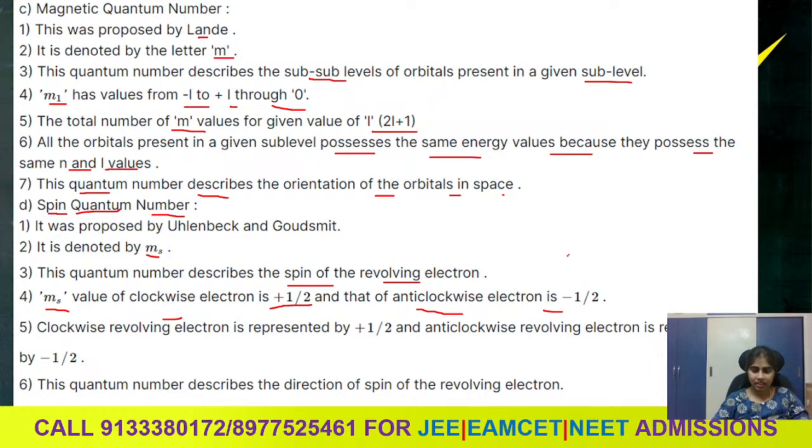It means if the electron rotates in a clockwise direction, its value will be plus half. If it rotates in anti-clockwise direction, its value is minus half. This describes the direction of spin of the revolving electron. So this is the description about these quantum numbers.